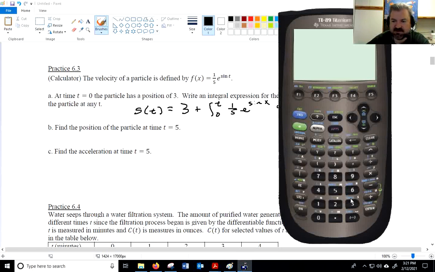So we'll say 3 plus the integral of 1/5 times e to the sine x dx from 0 to 5.